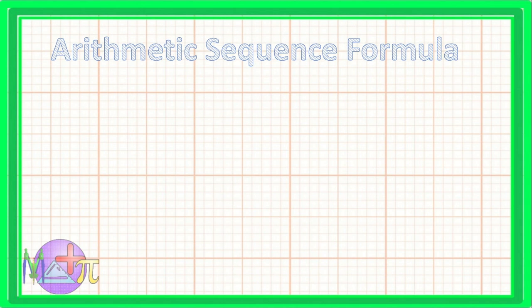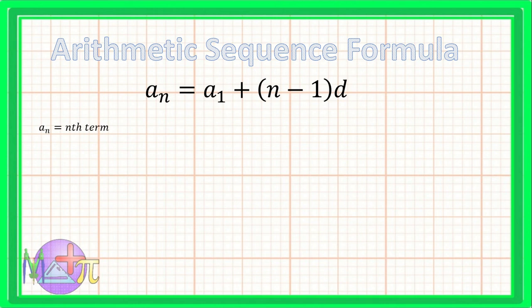Ayan. So, I have here the formula for an arithmetic sequence: a sub n equals a sub 1 plus the quantity of n minus 1 times d. Let's go through it one by one. A sub n is the nth term, for example, the 30th term, and so on and so forth.